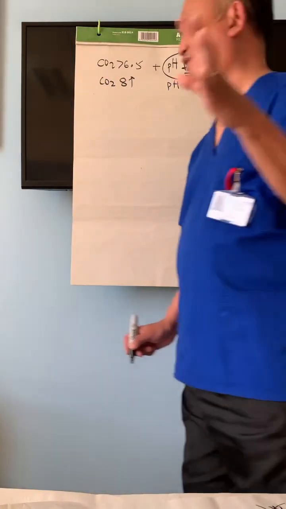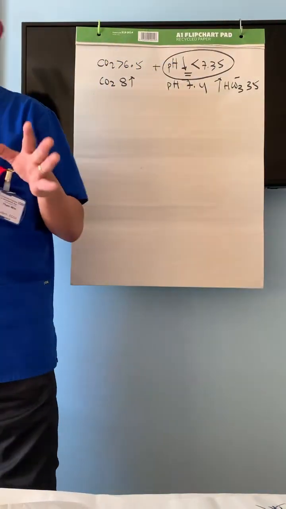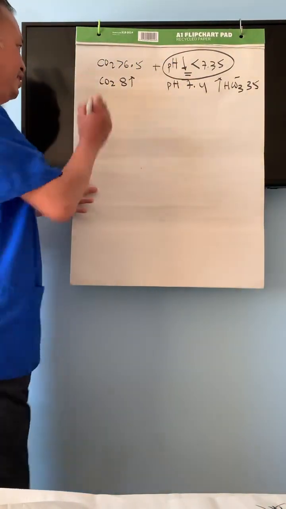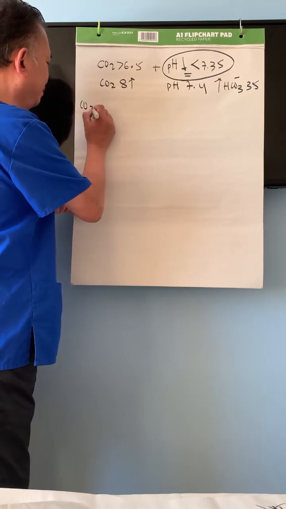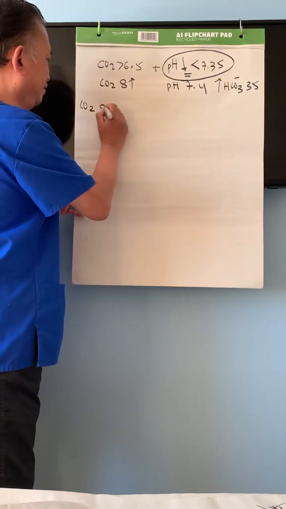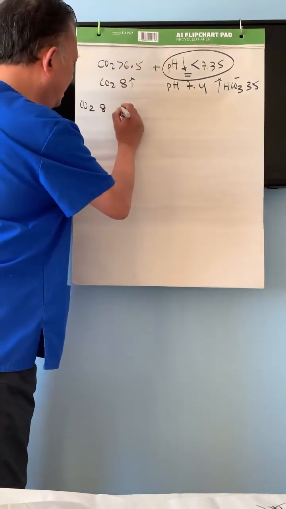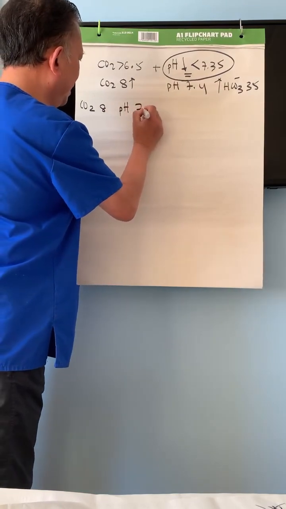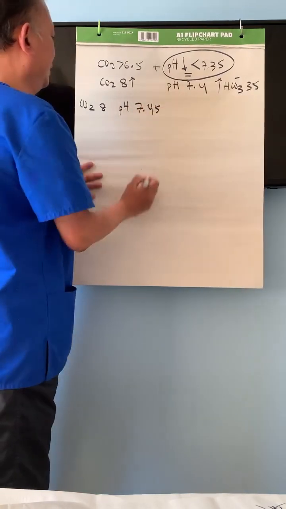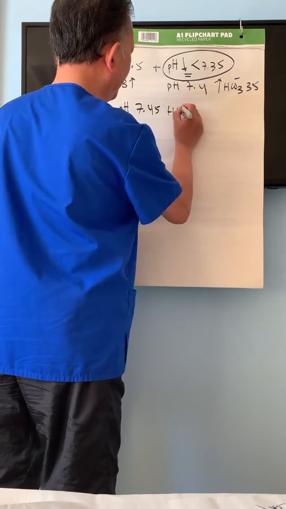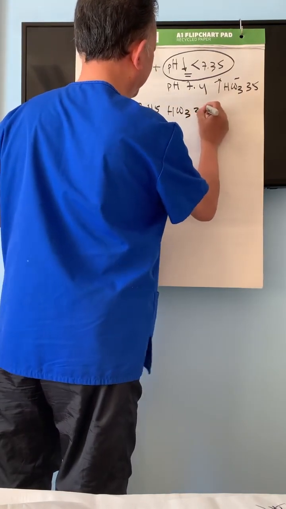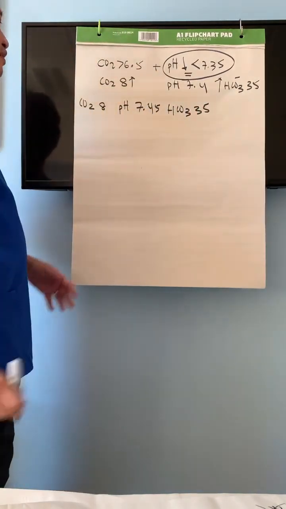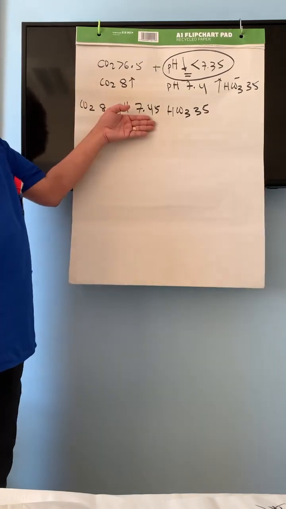Sometimes we may start without acidosis. For example, your patient comes in with PO2 of 8, pH of 7.45, and bicarbonate of 35. This is called a normal pH.